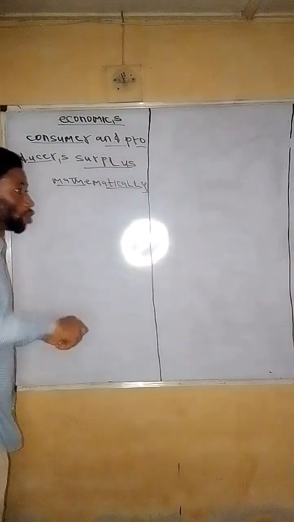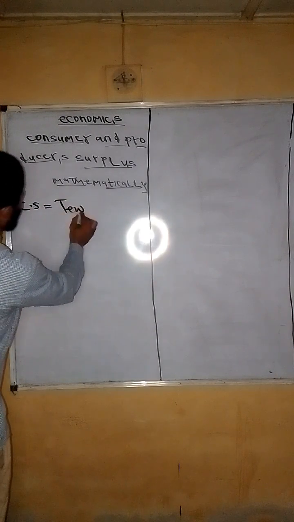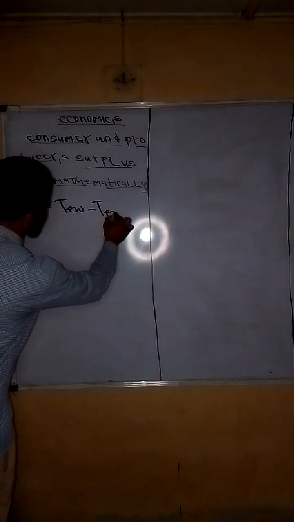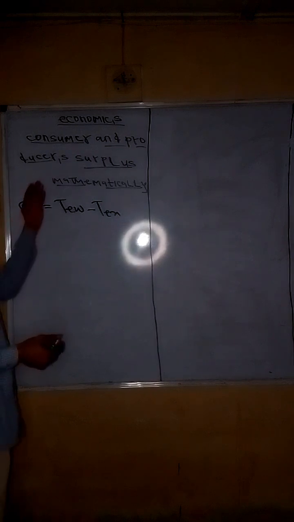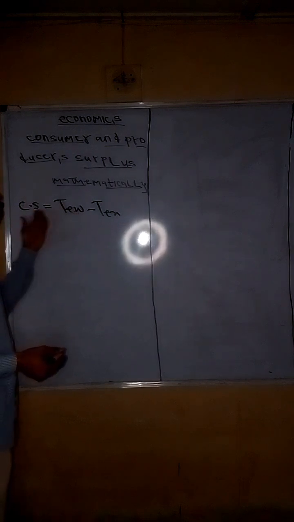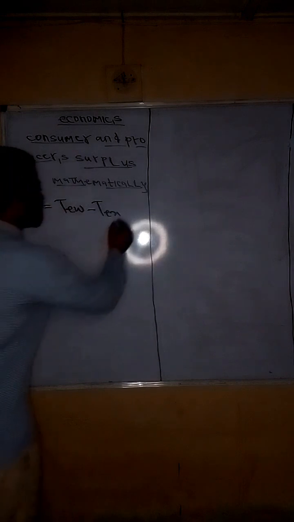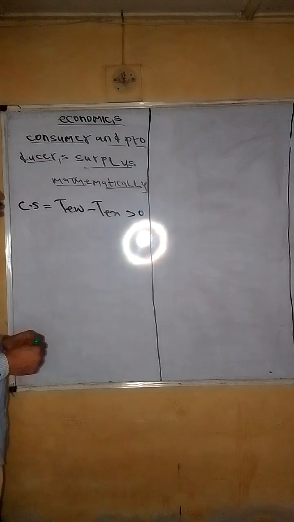Mathematically, the consumer surplus, CS, is telling us that total welfare minus total expenditure must be greater than what? Zero. So this is the concept of consumer surplus.